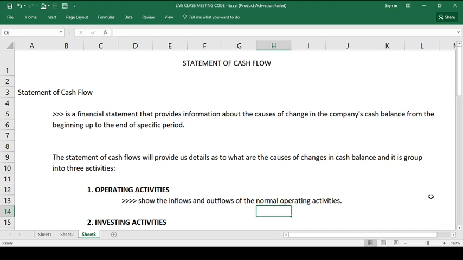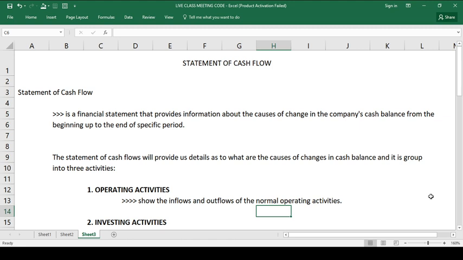For example, if it is a merchandising business, buying and selling, the normal operation is buying inventory and selling those inventories. Yun po yung normal operation niya. How about if it is manufacturing? If it is a manufacturing type of business, obviously the normal operating activities are related to manufacturing of goods: the buying of raw materials, the production of those raw materials into work in process goods, and then later on into finished goods.